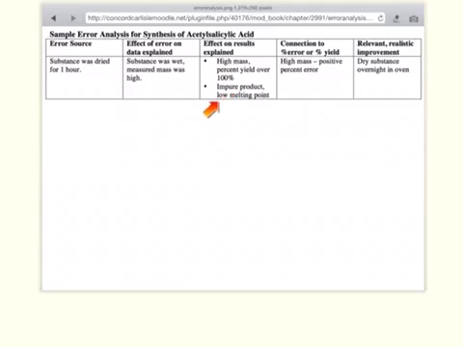So again, right here, effect on results explained, you're going to have to somehow link it to this expression, Cp equals Q over M delta T. Now, connection to your percent error. In the example I just wrote out, because your number was brought down by your error, it actually made it a better percent error for you.